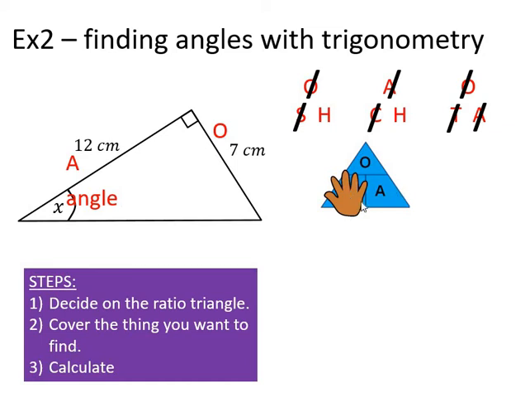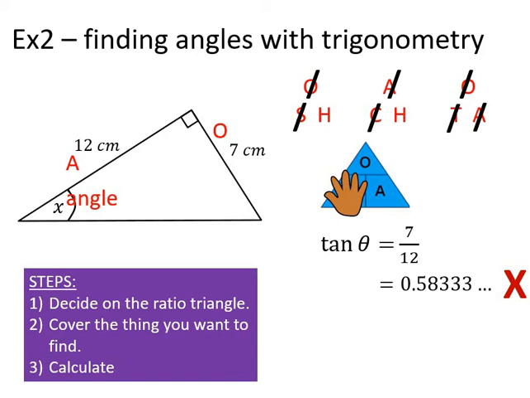So that means tan theta, or tan x, is equal to the opposite over the adjacent. So 7 over 12 again. And again, 7 over 12 equals 0.583333, but that's not the correct answer. That isn't what my angle x, or theta, is. That is what 7 over 12 is equal to.